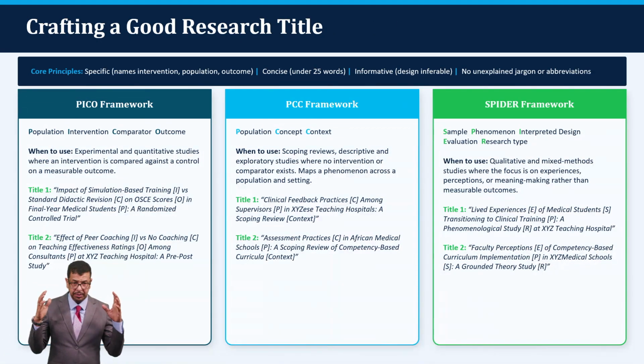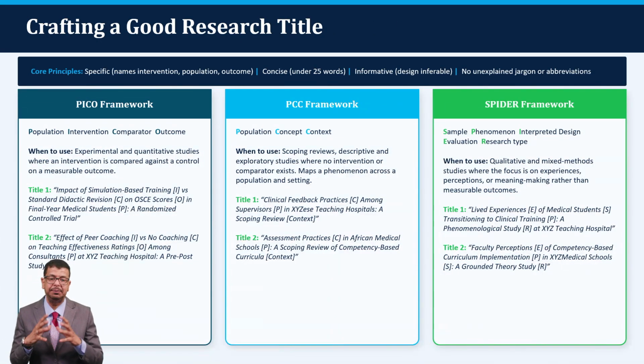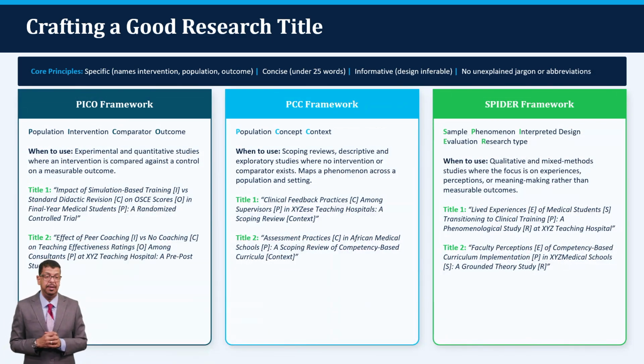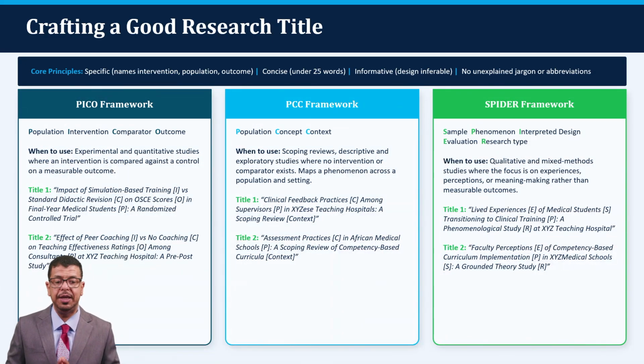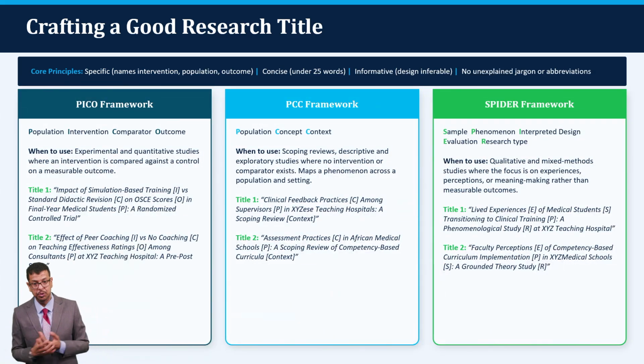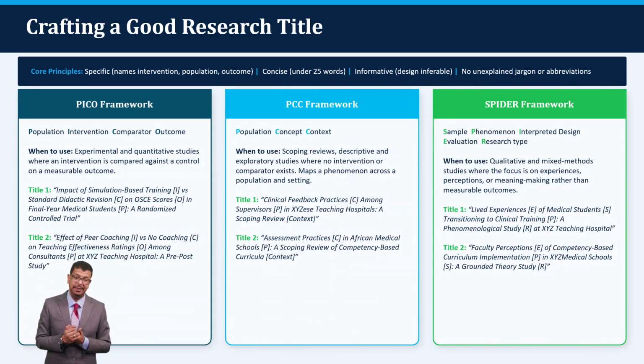So the title of the research proposal must be concise, and it should be not more than 25 words. It should be informative to the reader, and there should be no jargon or abbreviations used in your research proposal title.